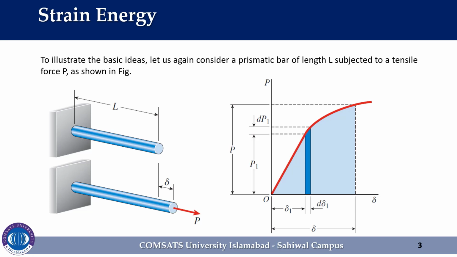This information is supplied by the load displacement diagram, such as the one plotted in the figure here. On this diagram, the vertical axis represents the axial load and the horizontal axis represents the corresponding elongation of the bar. The shape of the curve depends upon the properties of the material.